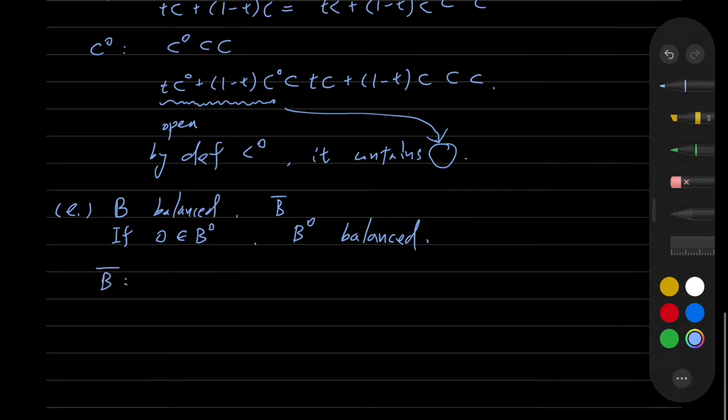So for the closure part, it's again very easy. Just let alpha be a scalar that has absolute value at most 1.